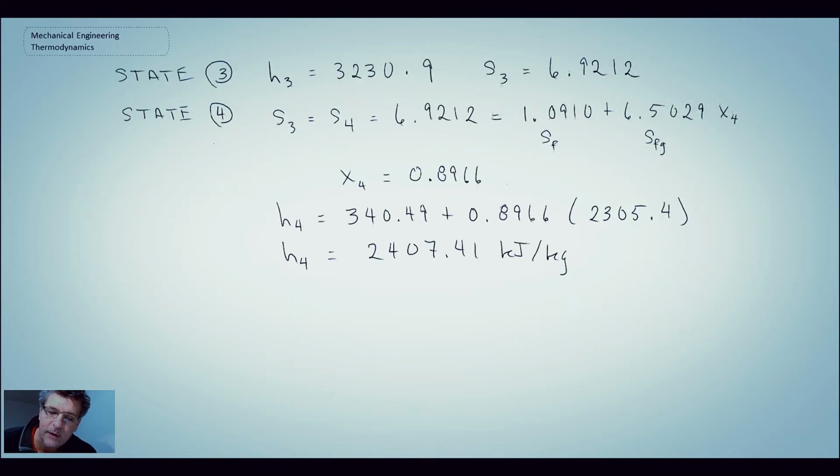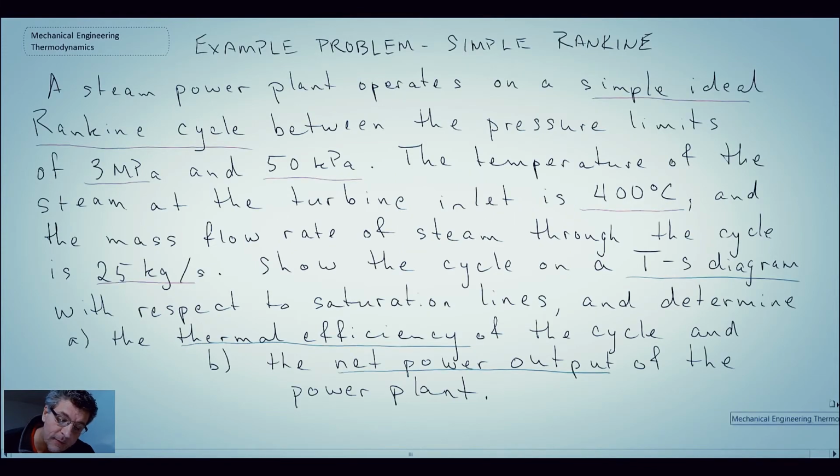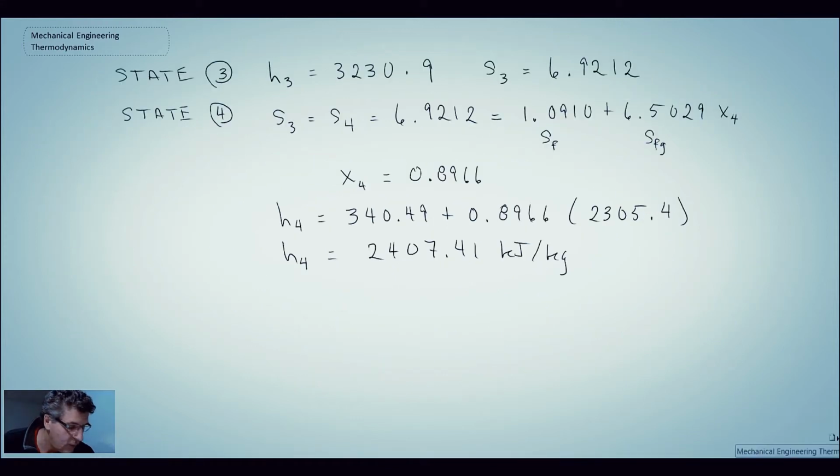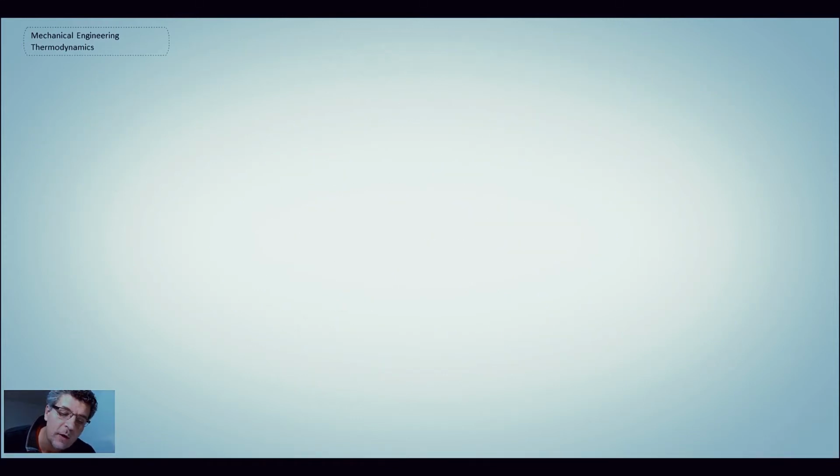And so now what we can do, basically go ahead and start applying the first law between components in order to determine the thermal efficiency. If we go back to the problem statement, they want us to get the thermal efficiency and the net power output. So we're going to work on the thermal efficiency.